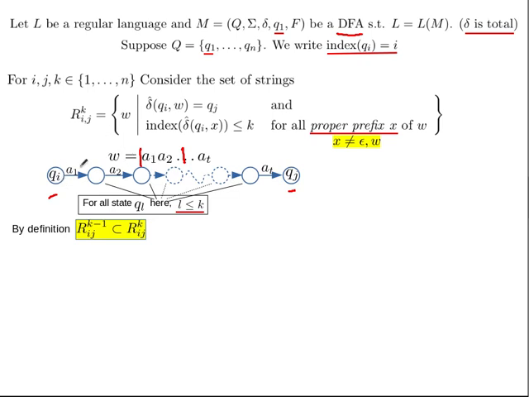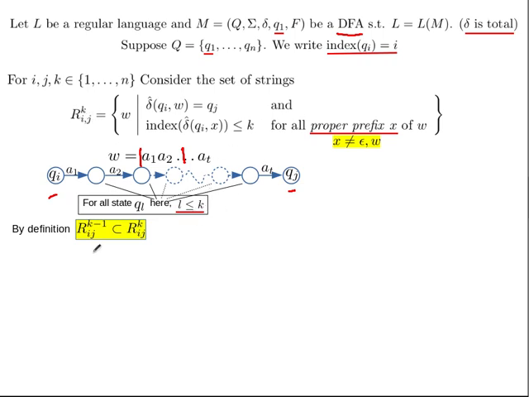Given Qi and W, there is a unique path from Qi, and that path doesn't get stuck because this is total. So you consider the unique path, and that path should have this property. So only then you include W here.